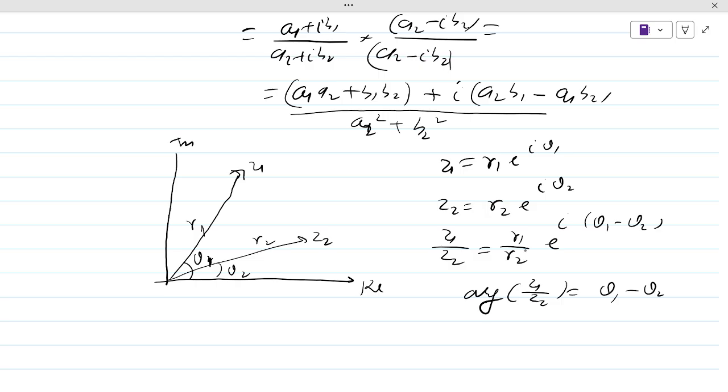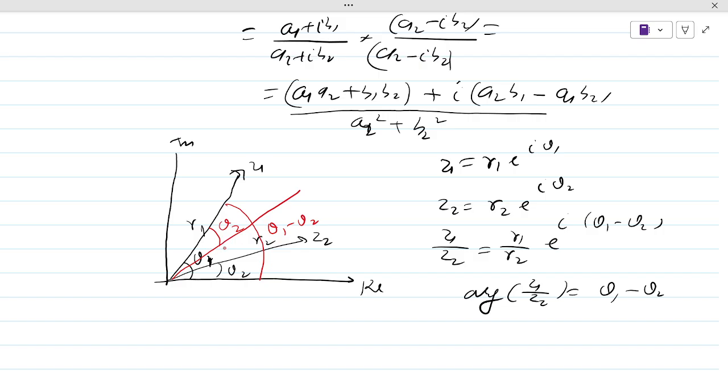Now the argument of this is theta 1 minus theta 2. Somewhere this is theta 2, so from theta 1 I will subtract theta 2. So this whole is theta 1, and this part is theta 2. What about this one? This is nothing but theta 1 minus theta 2.